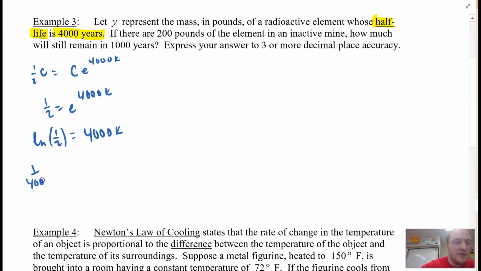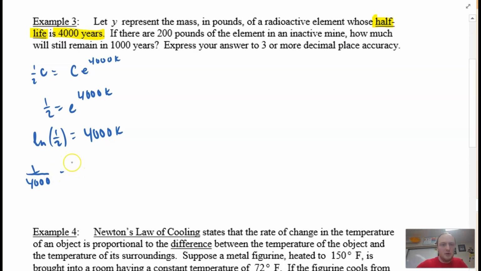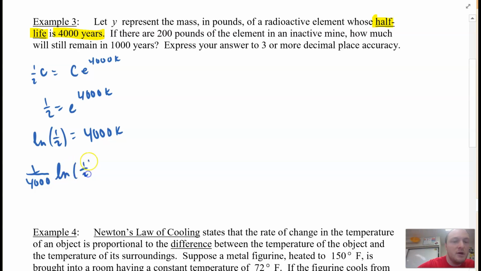So 1/4000 of the natural log of 1/2 is equal to k. And this is approximately negative 0.0002. Okay, so there is my k value.